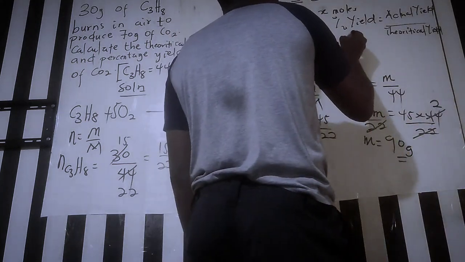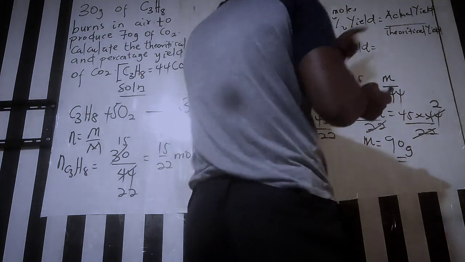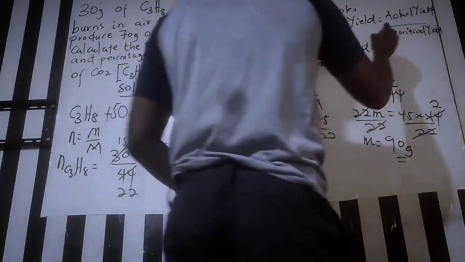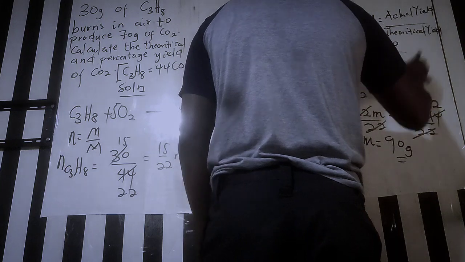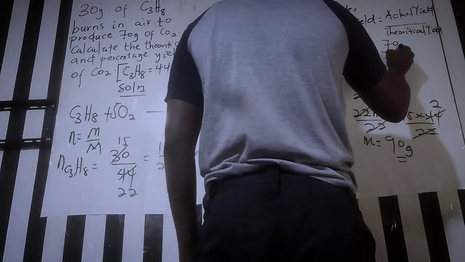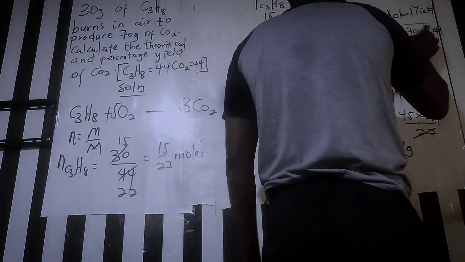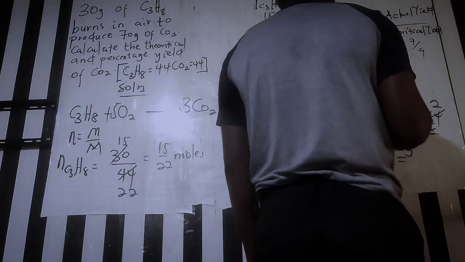So the percentage yield is therefore equal to the actual yield of CO2, which was 70, out of the theoretical yield, which is 90. So this cancels this. We're having 7 out of 9.